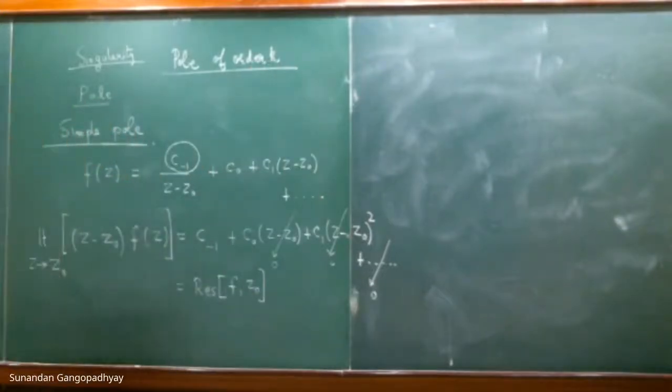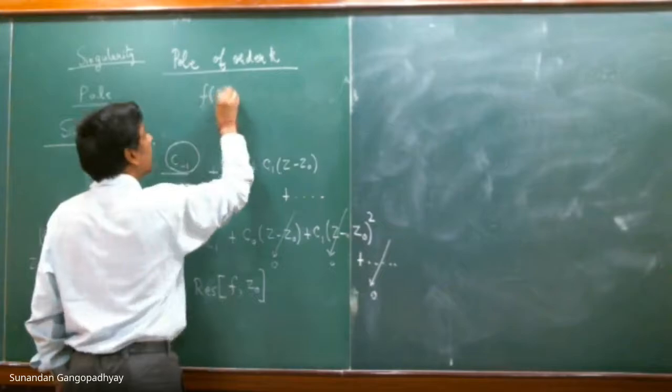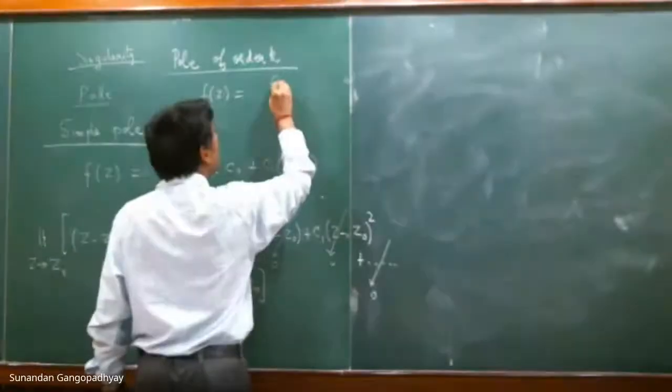Okay, so for a pole of order k, f of z will be as follows.